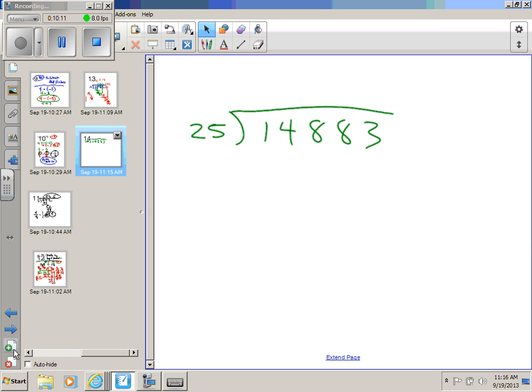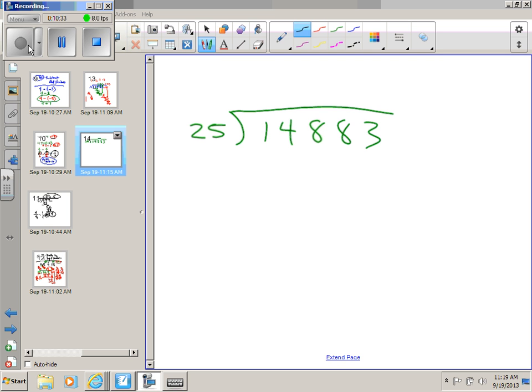Give it a shot. So if you're having any confusion at all, just kind of watch up here, please, so we can make sure that we're off to a good start. We're going to find out how many times that 25 can go into 14,883.